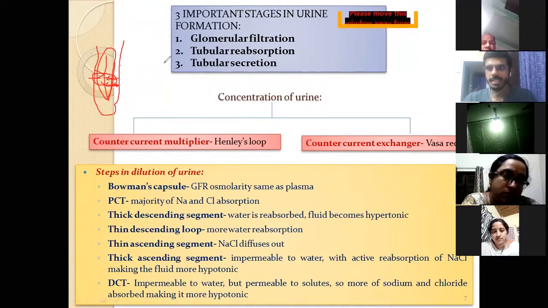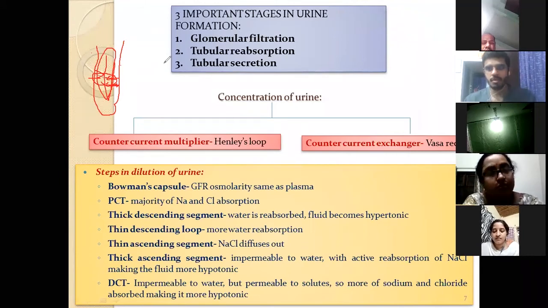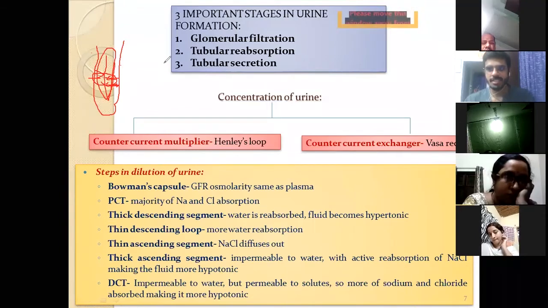This is called the counter current mechanism, wherein the concentration of urine and the hyperosmolarity of the interstitial fluid are maintained via the opposing direction of flow of the fluids. This much is clear?